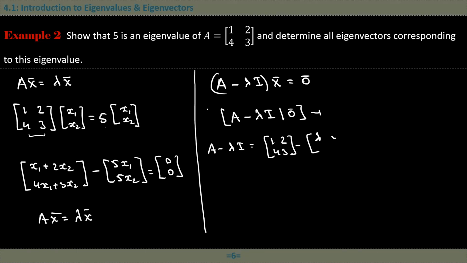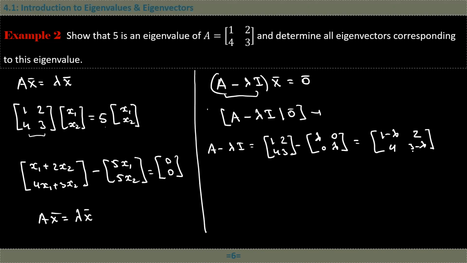So here we have lambda 0, 0, lambda, which is equal to 1 minus lambda, 2 minus 0, that is 2, 4 minus 0, that is 4, 3 minus lambda, it is 3 minus lambda, right? So now that thing is equal to this.